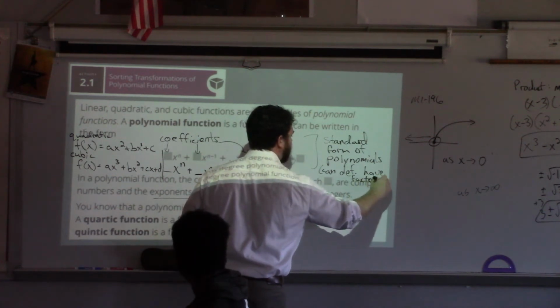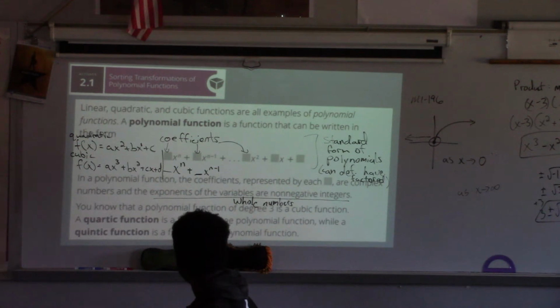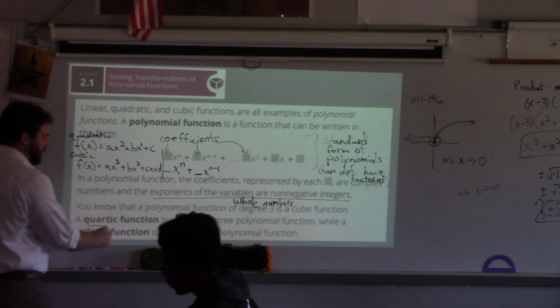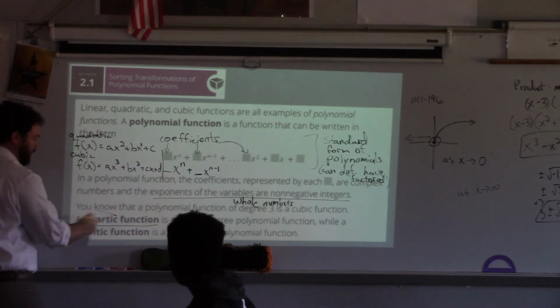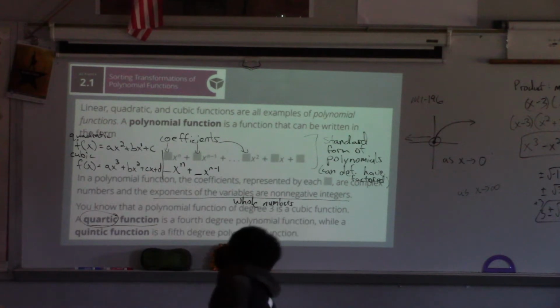We cannot have a vertex form because there's no real vertex for things higher than a quadratic. But we can definitely have that factored form. And so if I ever say quartic, not quadratic, but quartic, what's the degree of the polynomial? 4th.